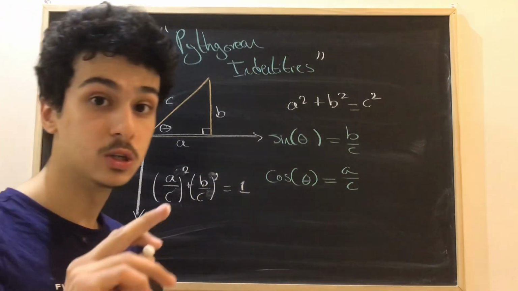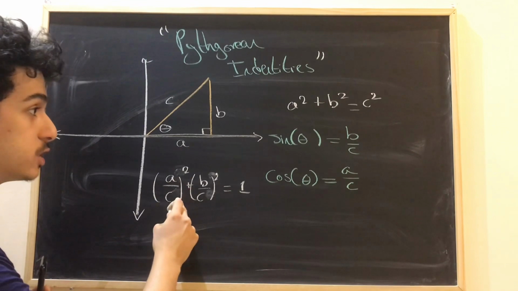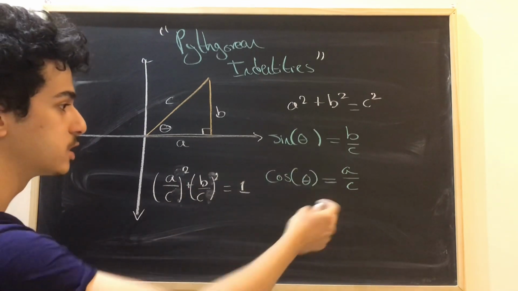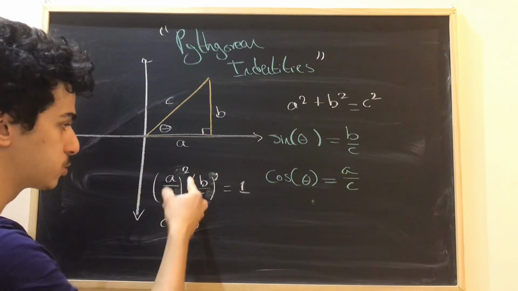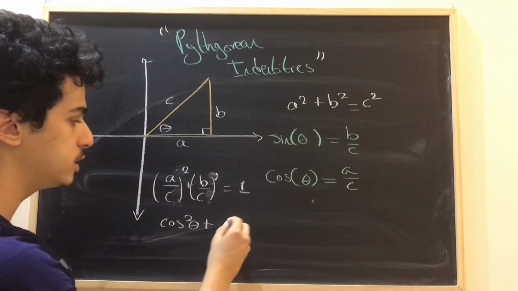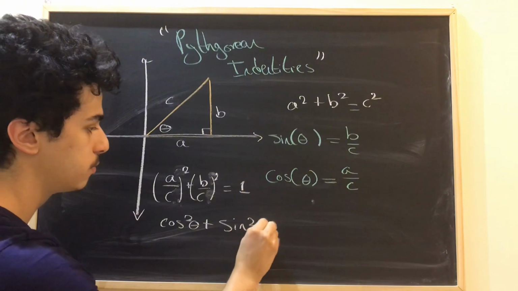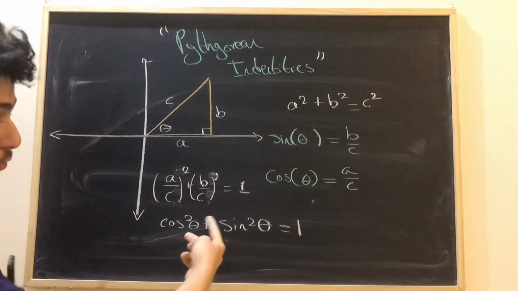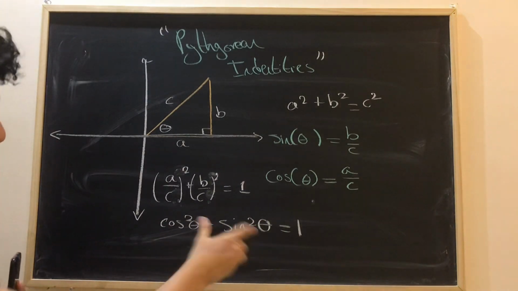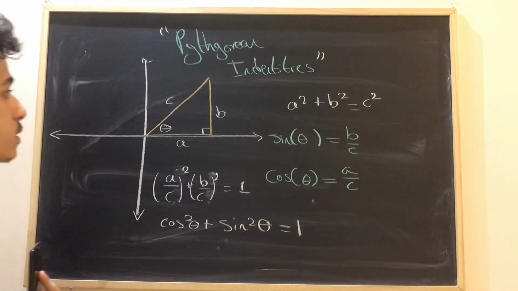Why did I do that? Because now we can replace a over c and b over c. So a over c is cosine, squared, plus b over c is sine, again squared, equals 1. Now they're usually commuted, so you could flip them. And that's all there is to it.